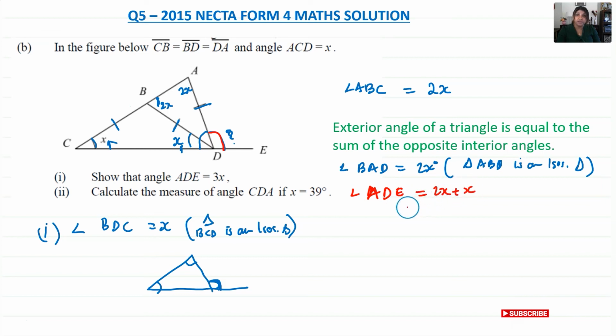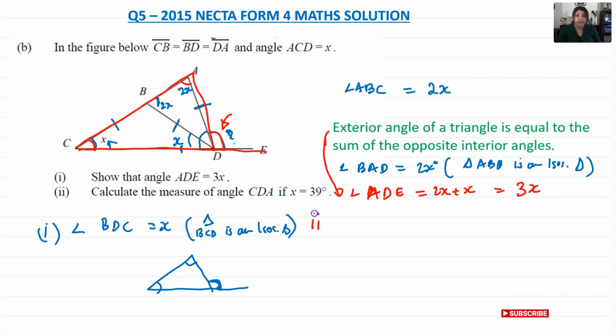And the reason is exactly the same, because if you look at triangle ACD, this big triangle here, you can see this is the exterior angle, and these two are the opposite interior angles. So for the same reason, you must write it down. So now we have shown angle ADE is equal to 3x.